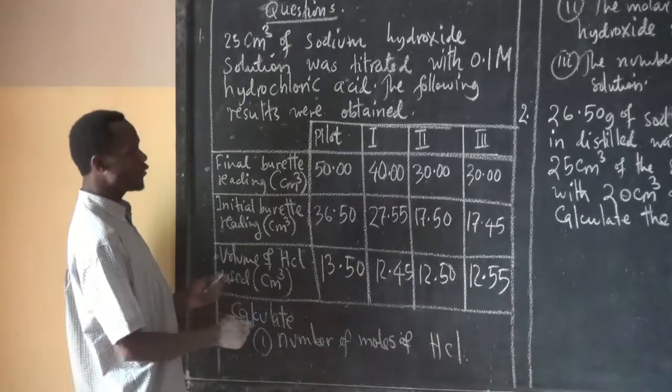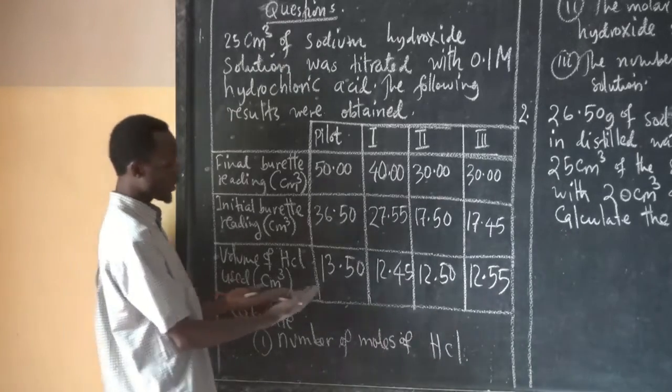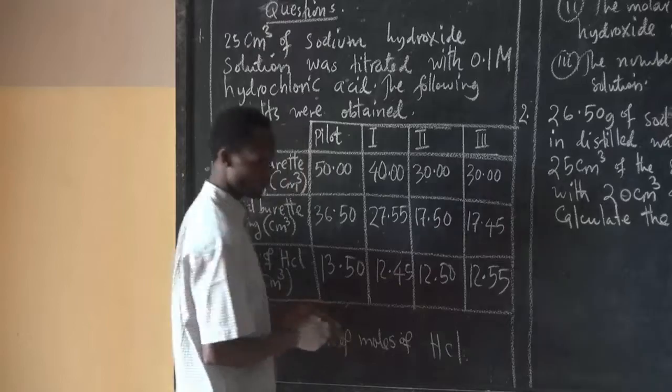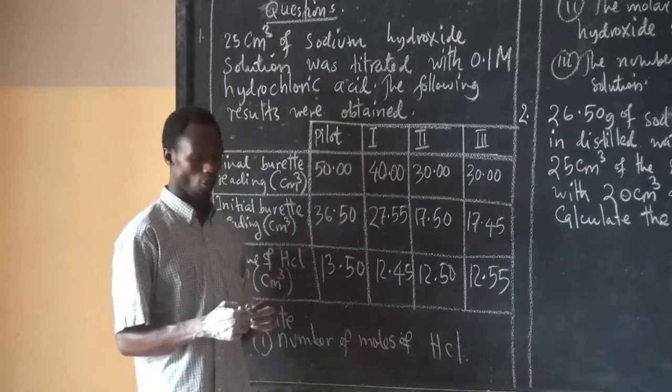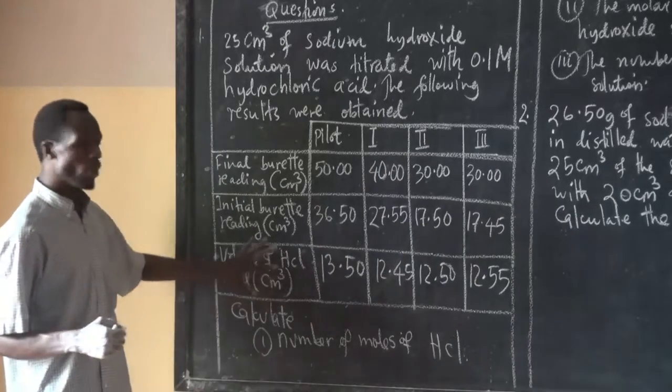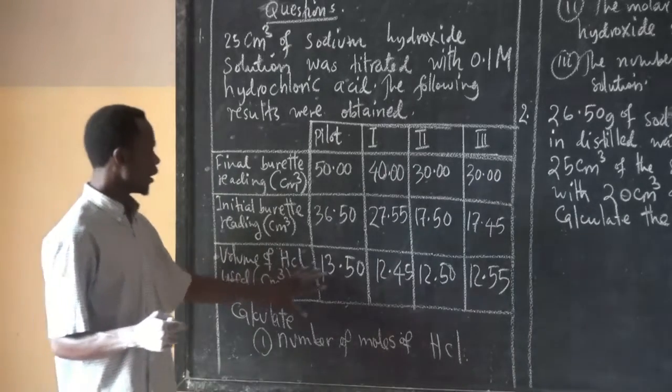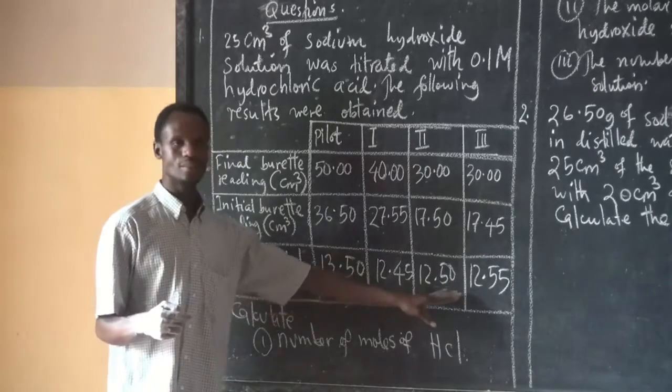Now, sometimes you can find this table is not filled. Sorry for my spelling, because I'm not good with L and R. Some of the table, you won't find anything at the end.